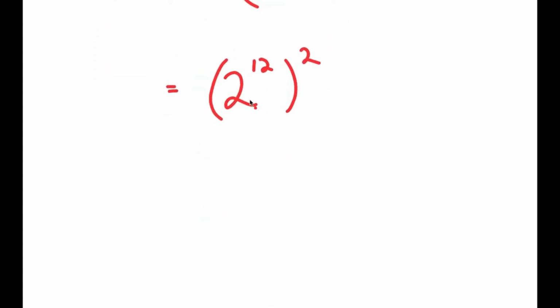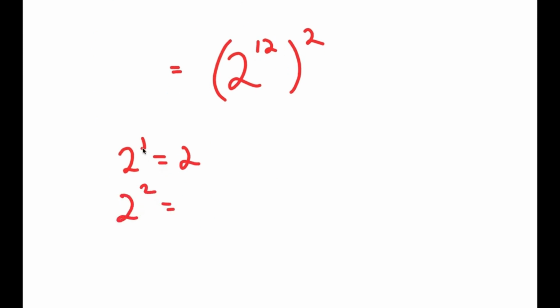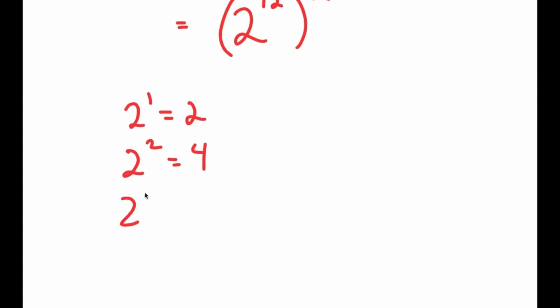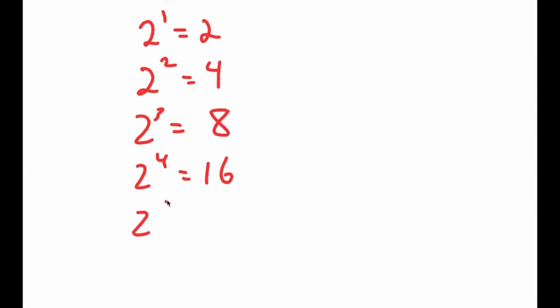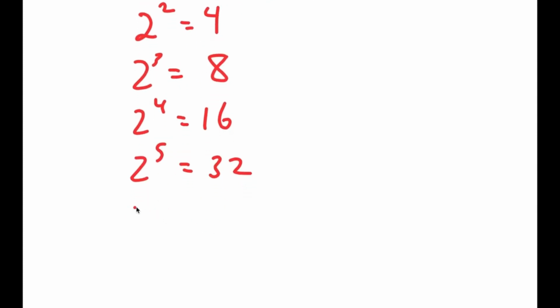And 2 to the power of 12, well, 2 to the power of 1 is equal to 2. 2 to the power of 2 is double of 2 to the power of 1, so 4. And 2 to the power of 3 is double of 2 to the power of 2, which is 8. So this pattern goes on, and I keep on doubling this.